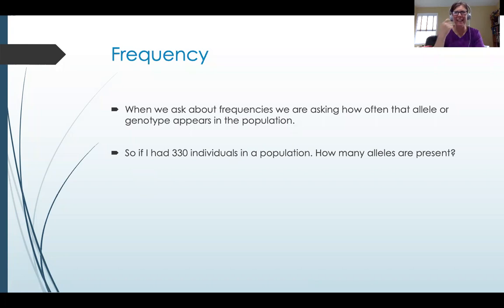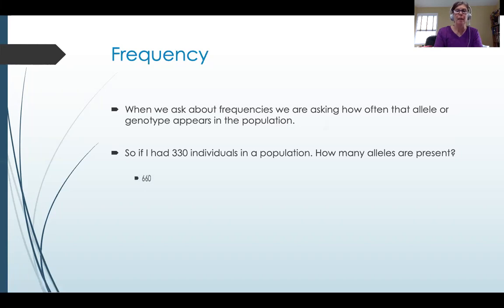All right, frequency. When we ask about frequency, we're asking how often that allele or genotype appears in the population. So if I have a population of 330 individuals, I'm going to ask you, how many alleles do we have in that population? Remember, we have two alleles per person because they have one copy from their mom and one copy from dad.